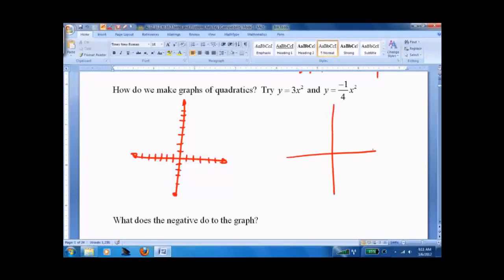And then we're going to adjust it based on what's required. So parent function goes up through 1 and 4 there. It looks something like this.